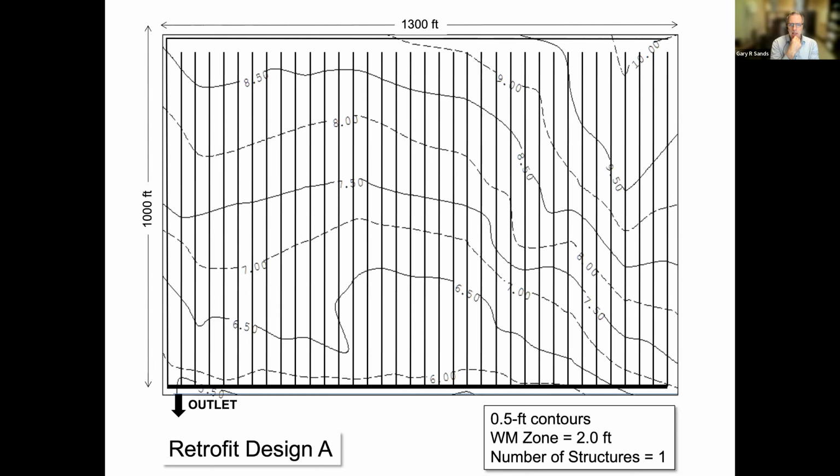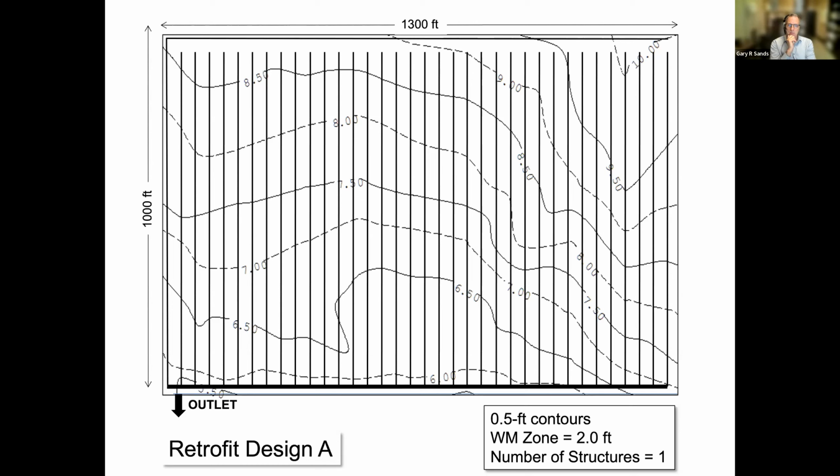And here's the scenario. Here's a field. It's got an existing tile system on it, as you can see. There's a single outlet location. The client would like to use 2 feet for the water management zones.